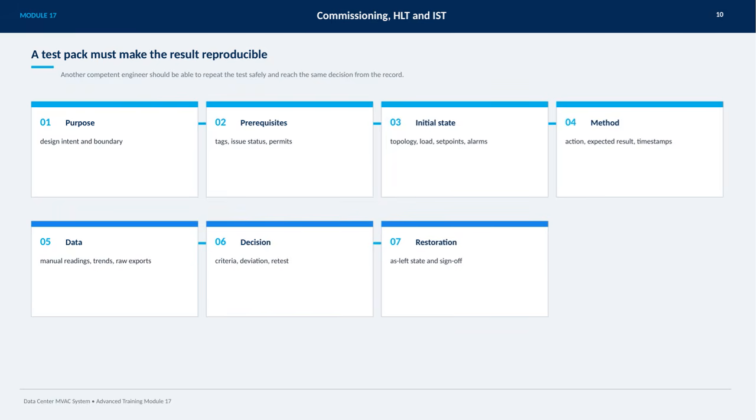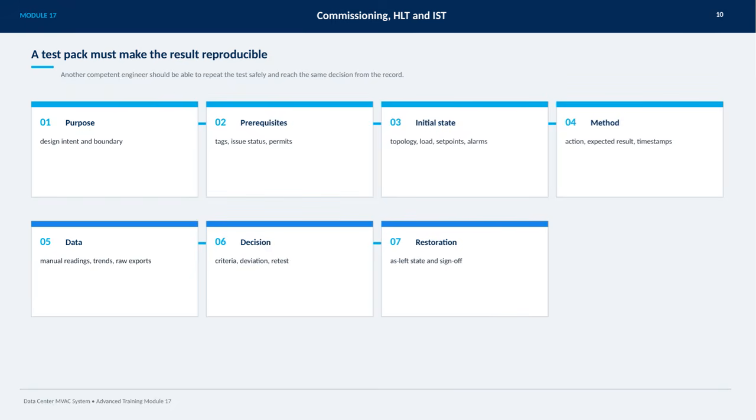First, the purpose, which includes the design intent and boundaries of the test. Then, the prerequisites like tags, the issue status, and any necessary permits. Next comes the initial state, detailing the system topology, load conditions, set points, and any alarms present. The method follows, describing the specific actions taken, expected results, and exact timestamps.